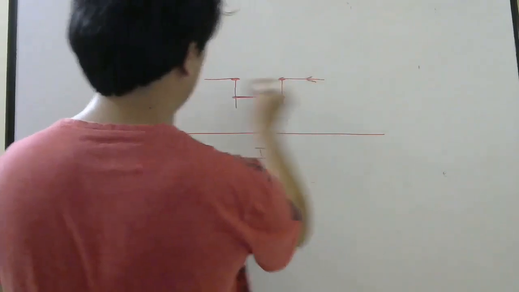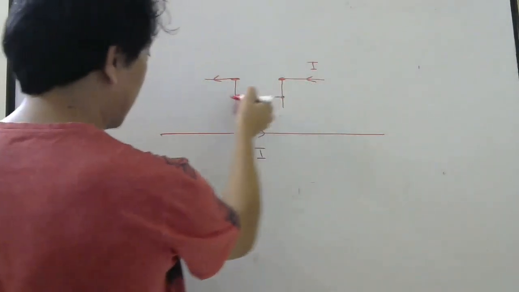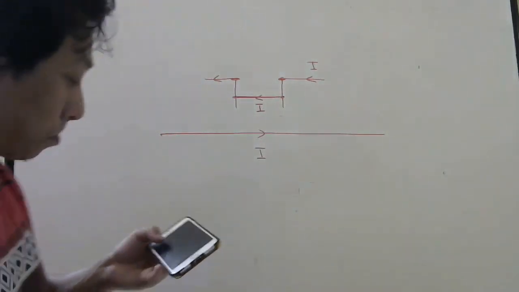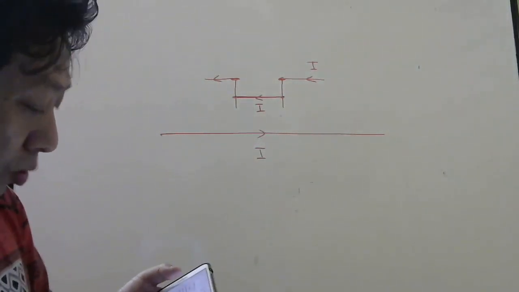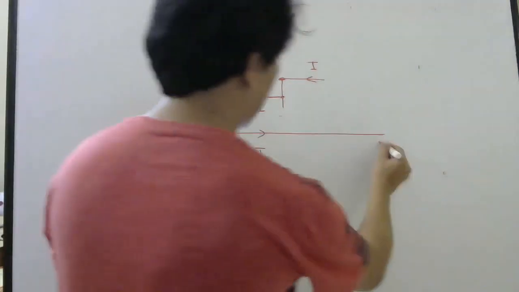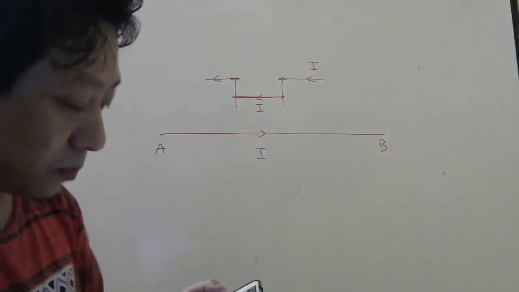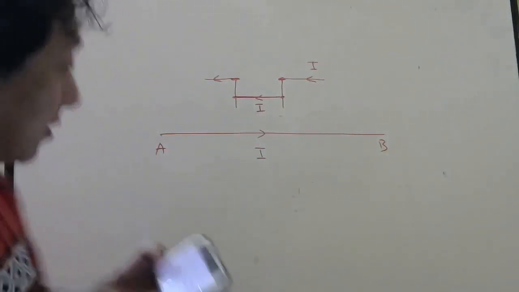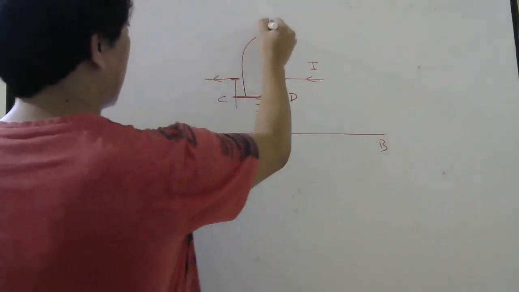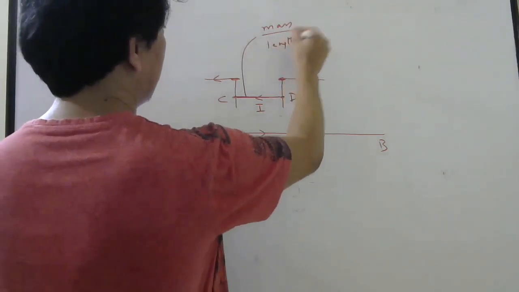Current is coming here like this, and that current is also I. So current I will go like this, like this, like this. So here the current will be I, opposite in direction to the current in wire AB. So compared to this current, this is opposite. Now the mass per unit length of the wire CD, this is your CD, is given as lambda.